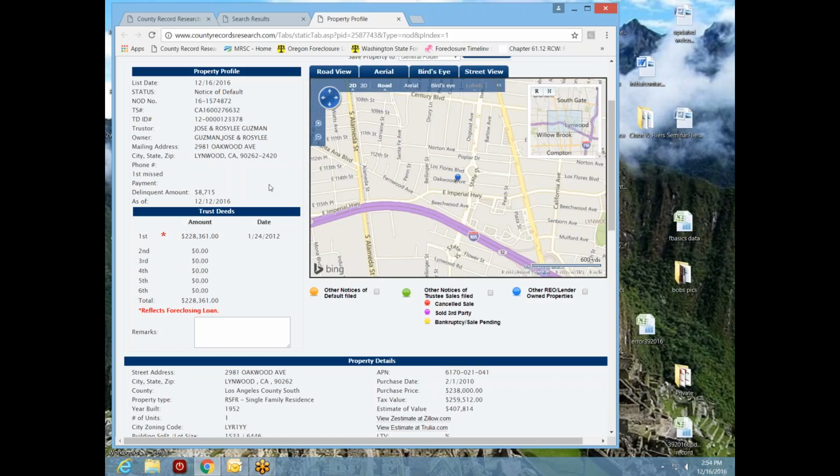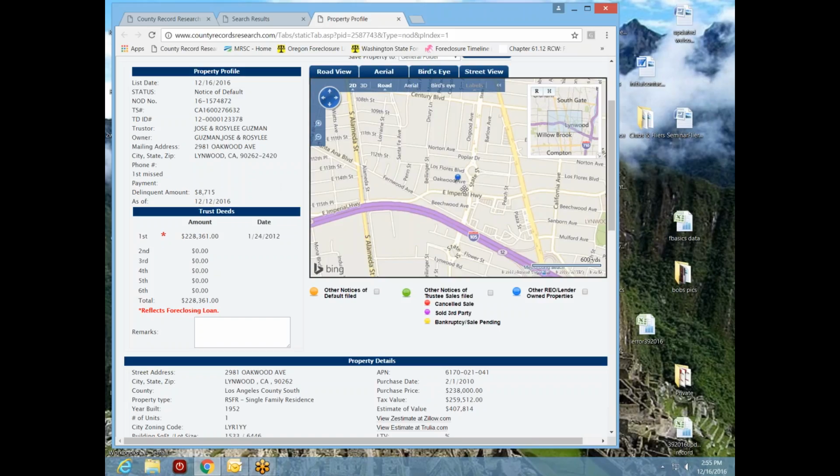Put some cash in their pocket, which is better for them moving forward, and at the same time, giving myself an opportunity to take possession of the property well before April, because if I could buy this property and have it ready to flip in January, then I might have my money in my pocket before Valentine's Day, as opposed to waiting until April to try and bid at the auction and maybe get into a bidding scenario with somebody else that drives my cost up. Remember, if we can do this quickly and at a price that makes sense, then we can be in and out and everybody's happy.